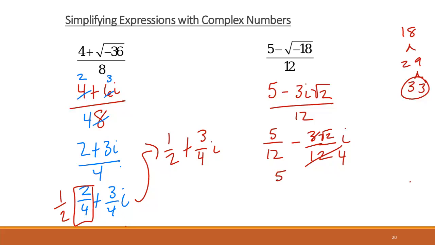To make things clear here, because it can get jumbled, I'm going to write this as 5/12 minus 1 over 4 i square root of 2. I write it that way so that I don't get confused and think that the i is inside of that square root there.